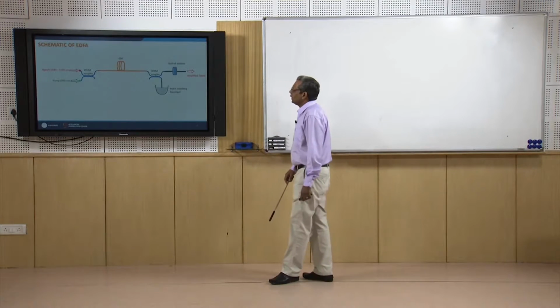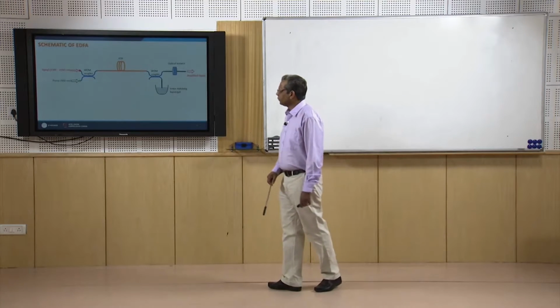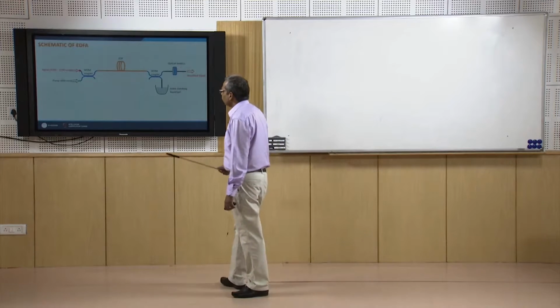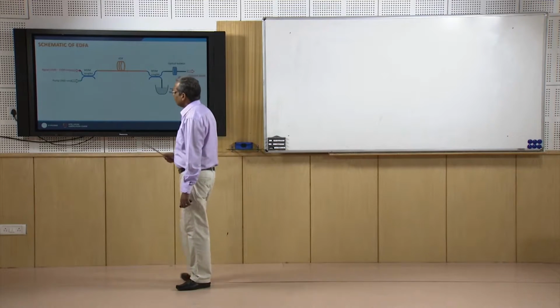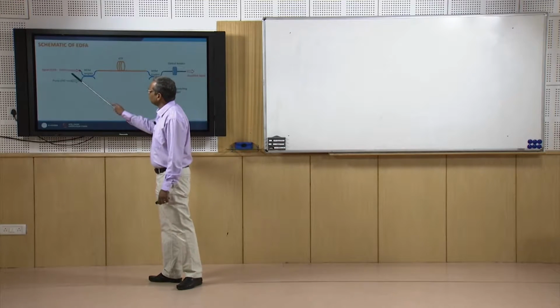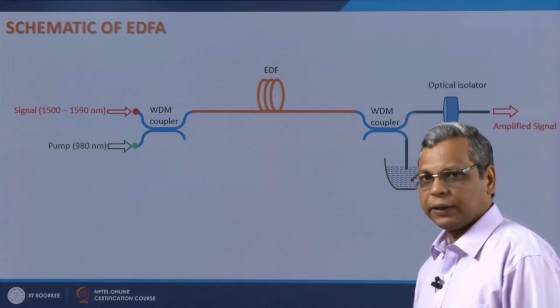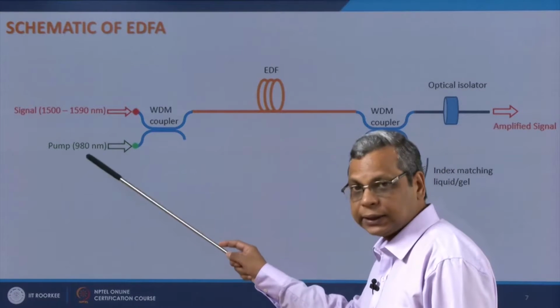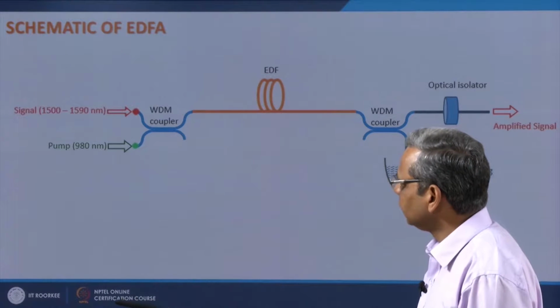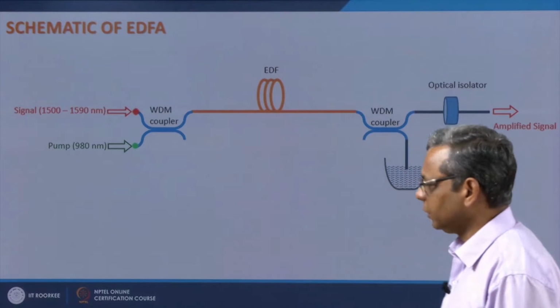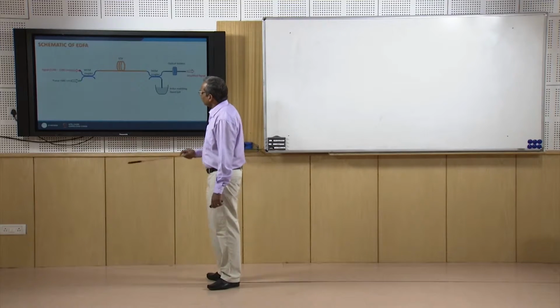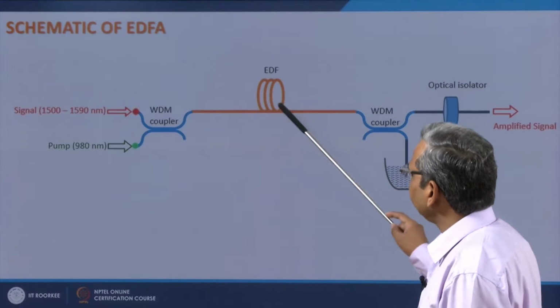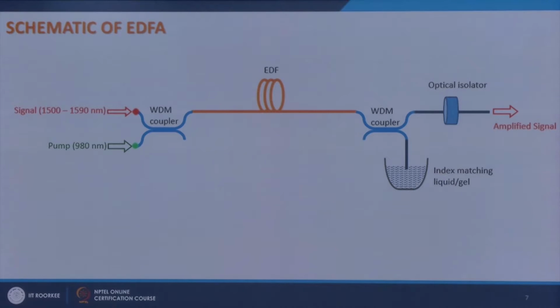This is a schematic of an EDFA. So, what do you want to do? You want to amplify a signal which lies in this wavelength range with the aid of the pump which provides energy for amplification of the signal, and this pump is at 980 nanometer. So, now you need to couple the signal and the pump into the same fiber, EDF, which is erbium doped fiber, which provides amplification.